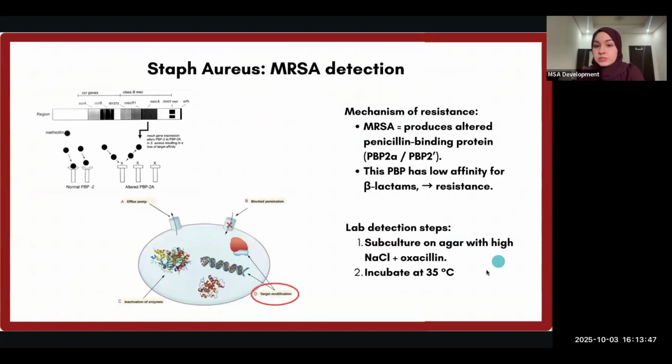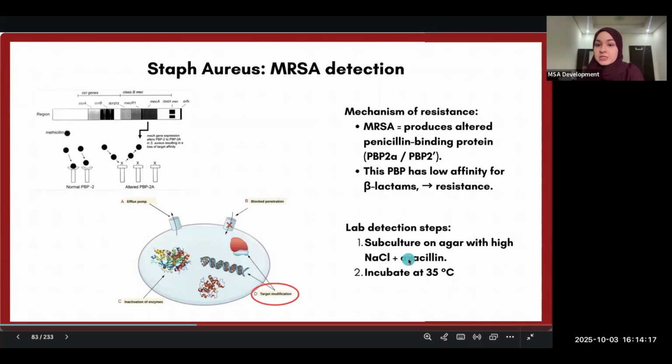For MRSA detection, certain species of staph are methicillin resistant. So you basically can't use beta lactams on them. The way that they confer this resistance is by altering the penicillin binding protein, which is what beta lactams bind to in order to cause their toxic effects to the bacteria.